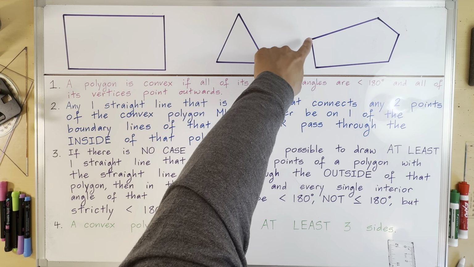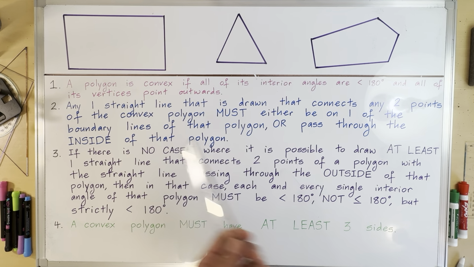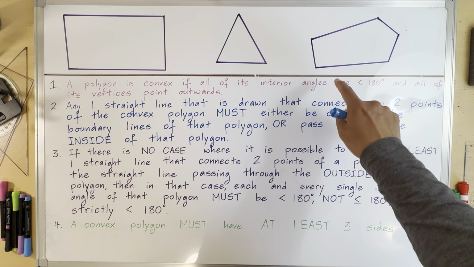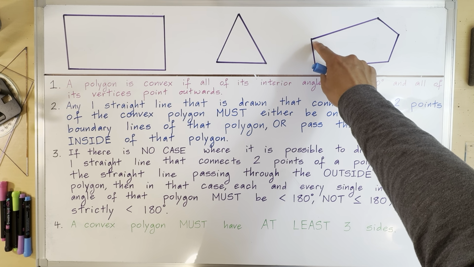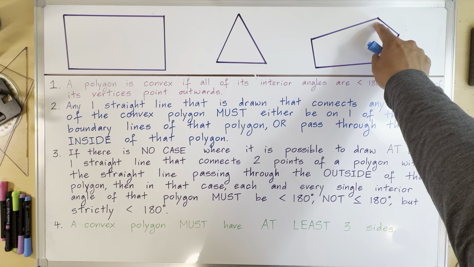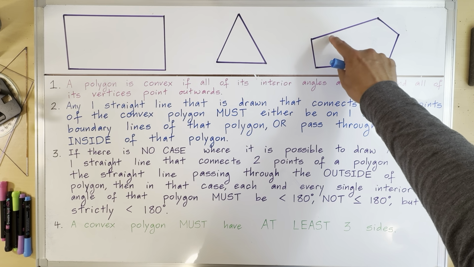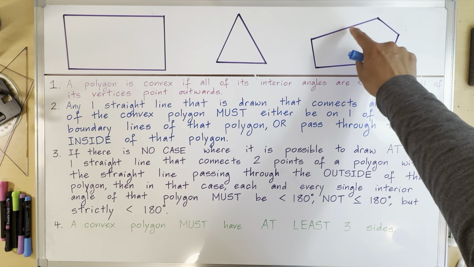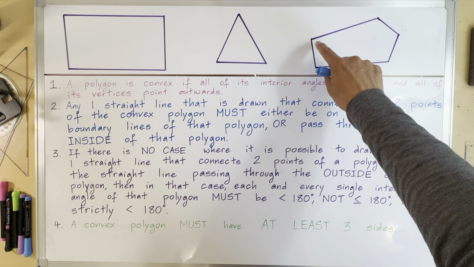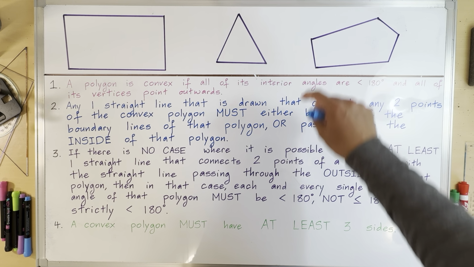If I were to connect this point to this point, then that line would be directly on the boundary line, specifically this straight boundary line of the polygon.